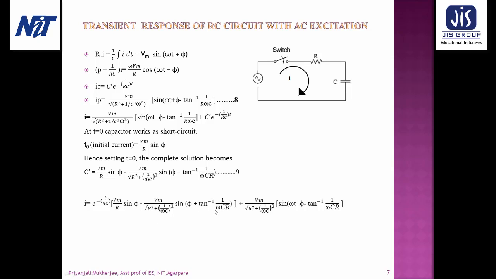And this part is the IC part, whereas the IP part remains the same, that is Vm divided by root over R square plus 1 by omega C whole square into sine of omega t plus phi minus tan inverse 1 by omega into RC. So this is the overall response, and the first part is the transient response part, and this part is the steady state response part.